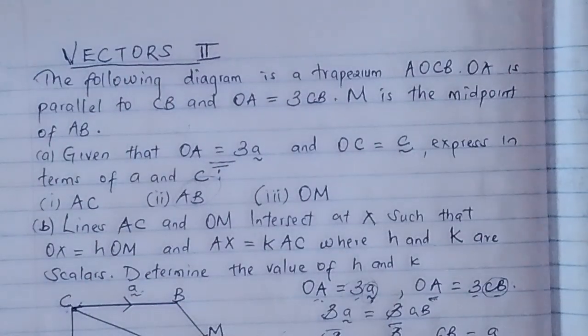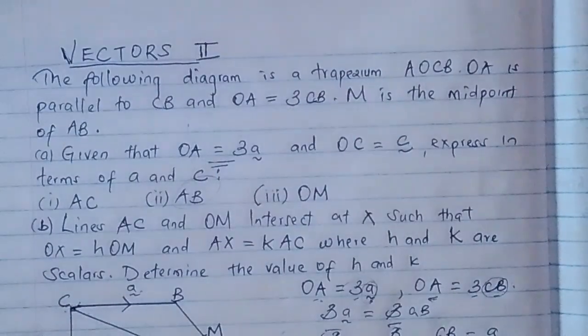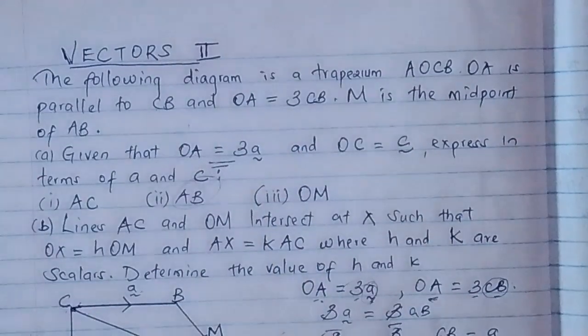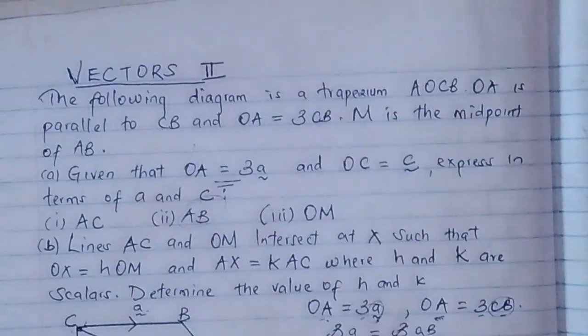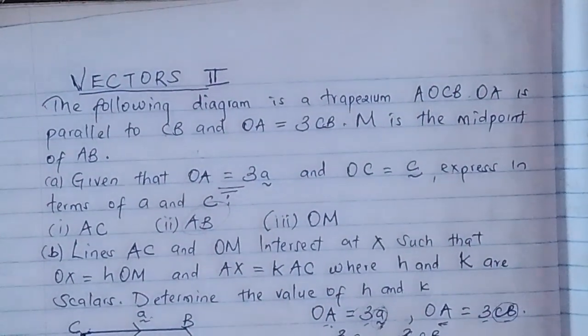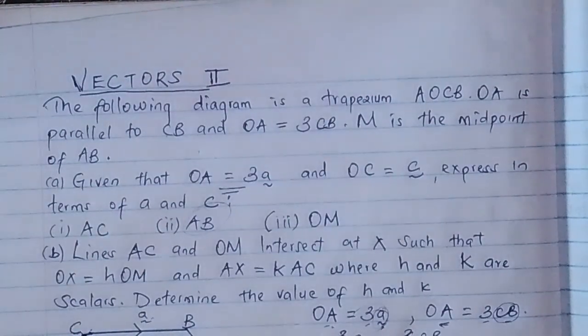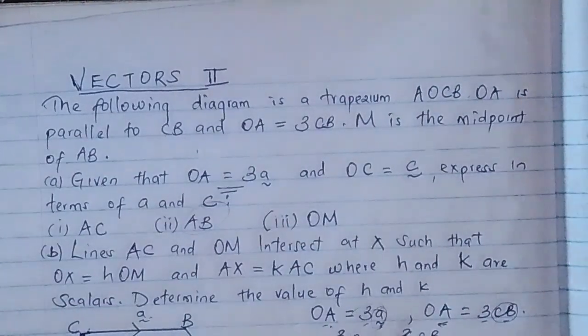We're going to begin with the question, and it reads as follows. The following diagram is a trapezium AOCB, where OA is parallel to CB and OA is equal to 3CB, and M is the midpoint of AB.